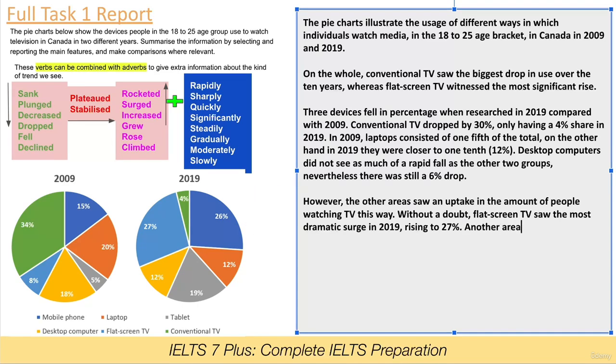Another area which saw an increase of usage was mobile phones.